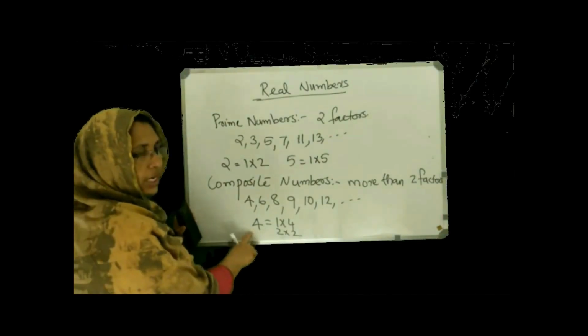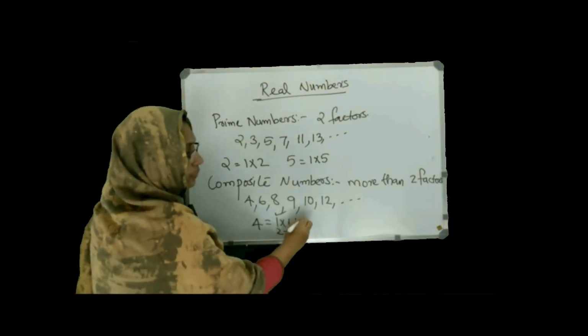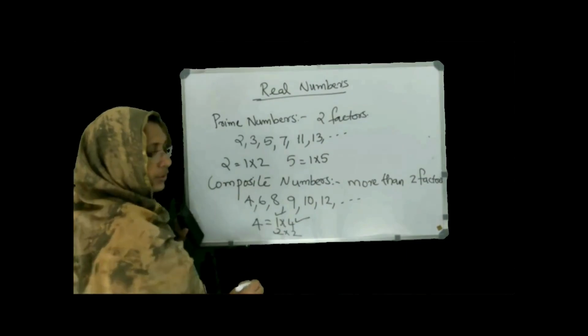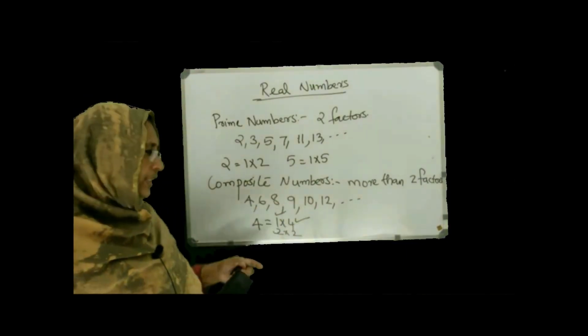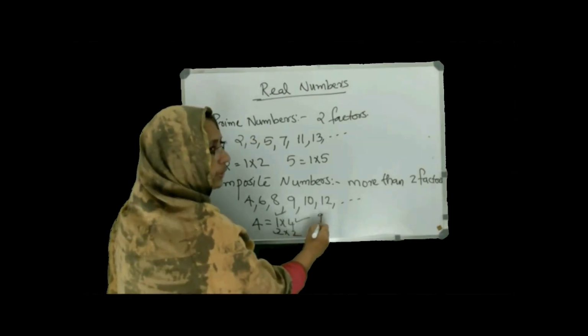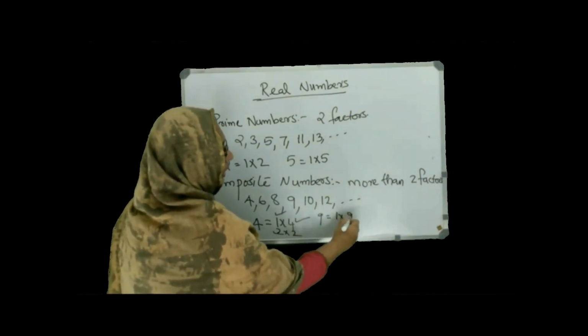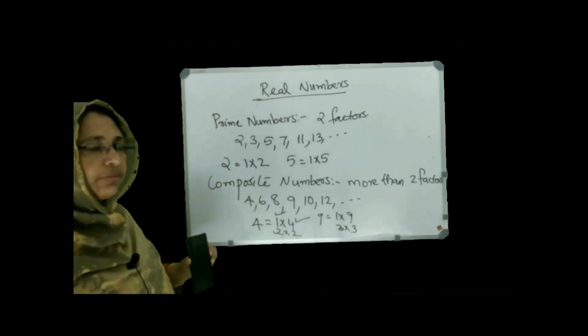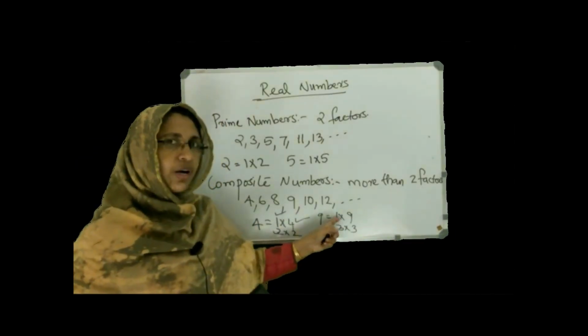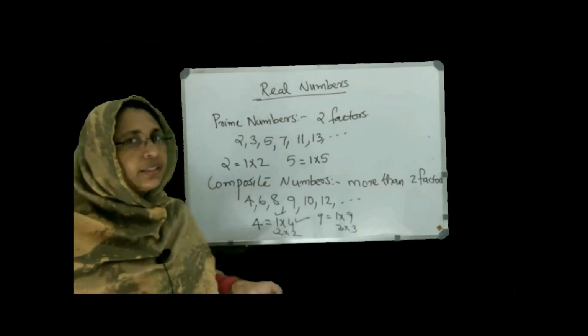Factors of 4 are 1, 4 and 2, more than 2 factors. 9 equal to 1 into 9 and 3 into 3. Factors of 9 are 1, 9 and 3.